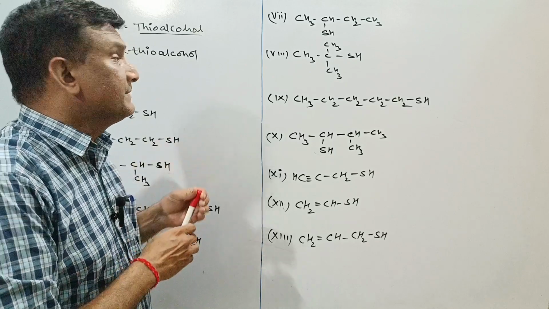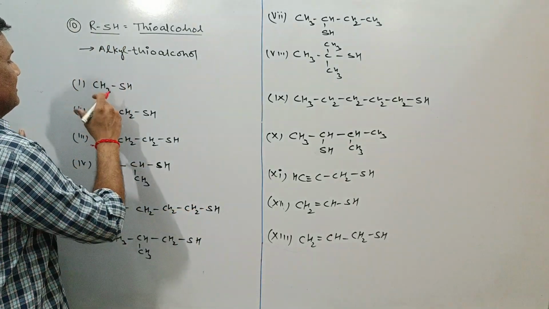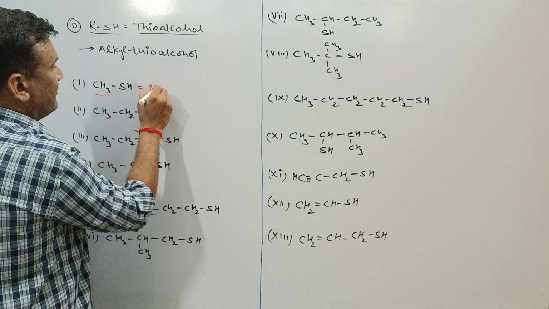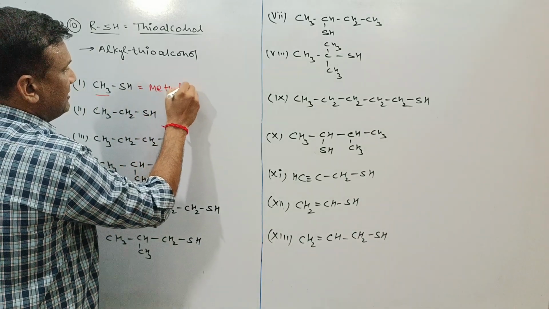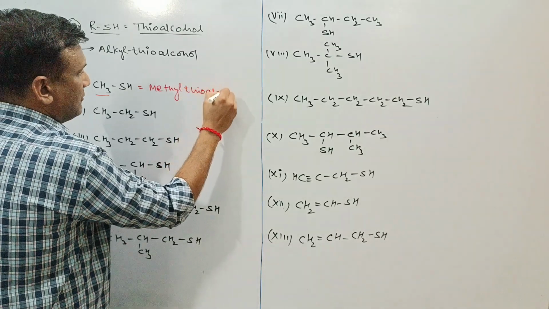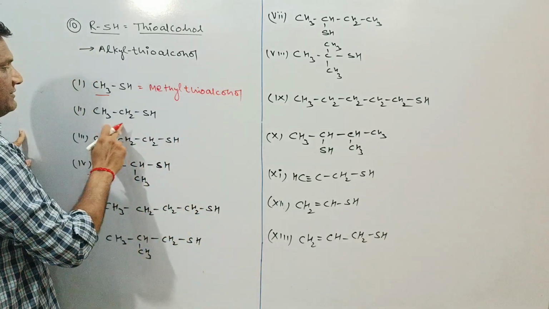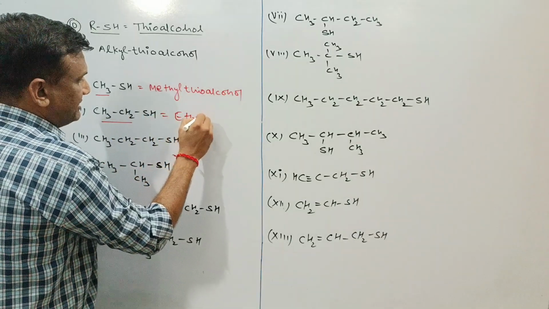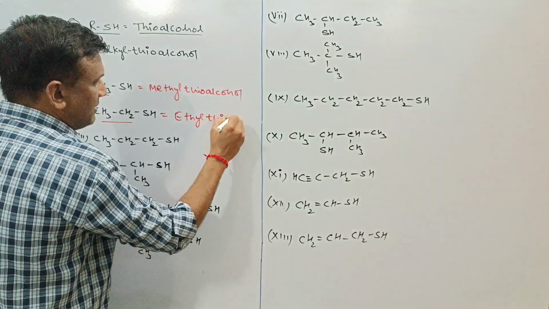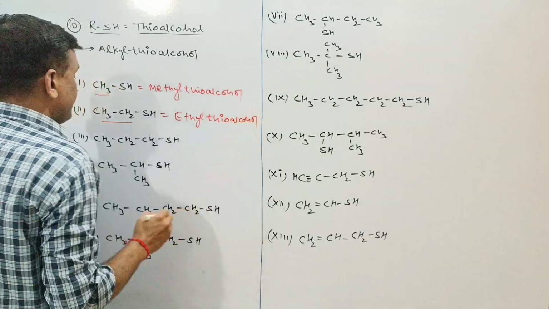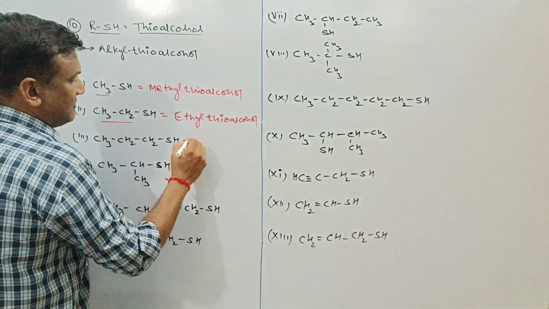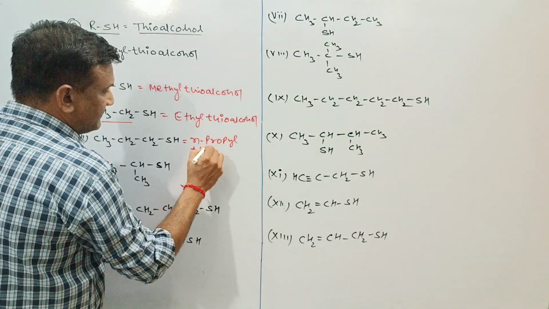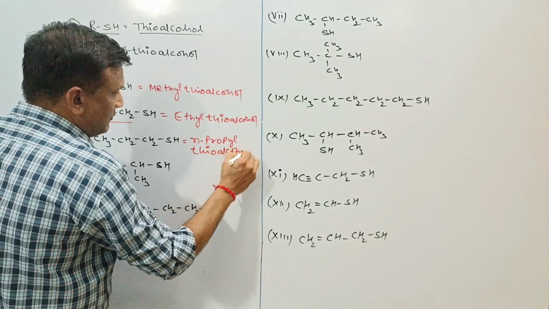If we go with the name, then this is methyl and the rest is thioalcohol, so it will be methyl thioalcohol. If I go with this, it is called ethyl thioalcohol. Further, this is also called n-propyl thioalcohol.